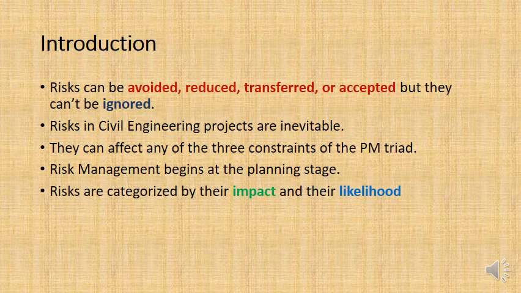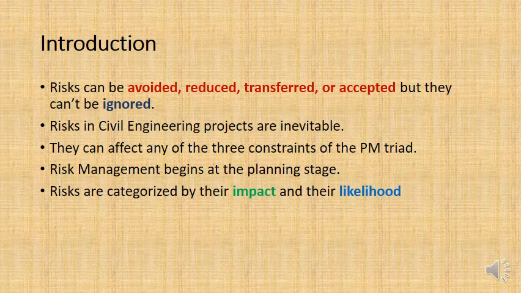So basically, when we talk about risks, we're talking about things which may or may not happen in a civil engineering project that can affect the project's delivery. It can affect any of the 3 constraints. It could affect the cost, it could affect the time, it could affect the quality.